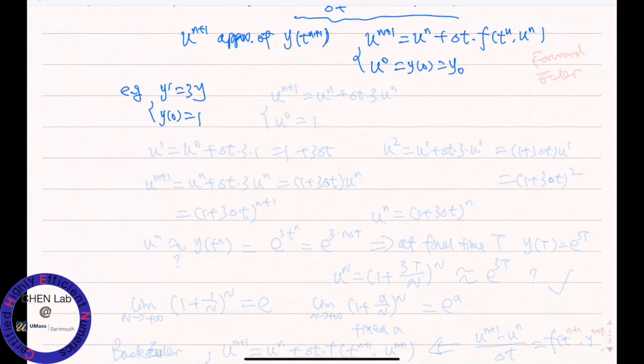So in this case, our u n plus 1, with u approximating y again, is equal to un plus delta t times f. What is f? It's 3y, which is 3un, so f of un. And we know u0 is equal to 1.